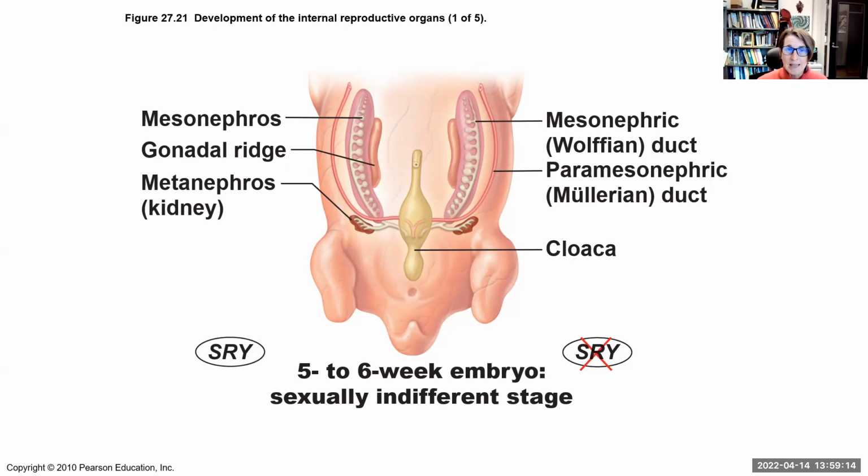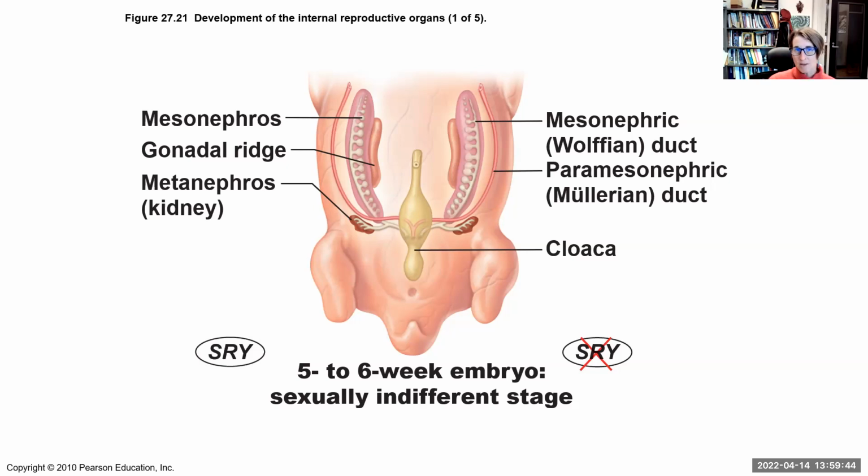Sometime in that time period, the Y chromosome is going to start expressing a gene called the SRY gene. And the SRY gene is only found on the Y chromosome. I paused there because, of course, weird things can happen and it can hop onto the X chromosome sometimes. But normally, that SRY gene is only on the Y chromosome.